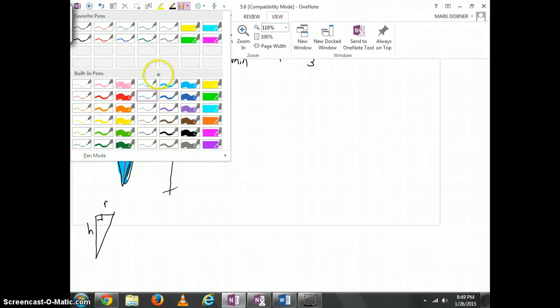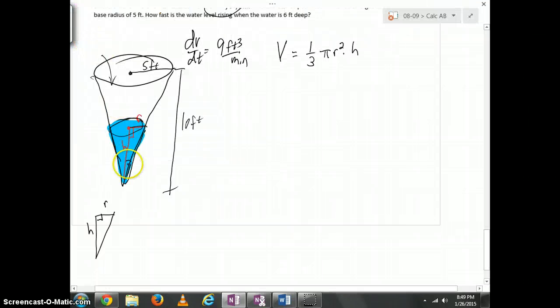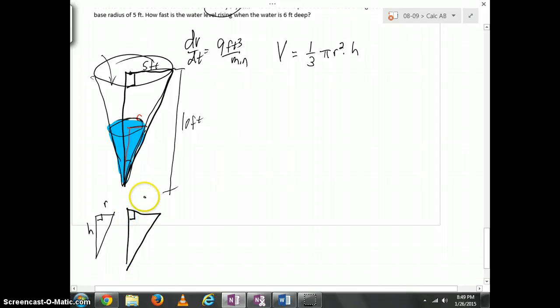And I'd like to maybe make this stand out a little bit different. Let's maybe make it a thicker black right here. This big right triangle is going to be 5 feet for that side right next to the right angle. And then we've got 10 feet over here. But notice we'd be containing that same angle.